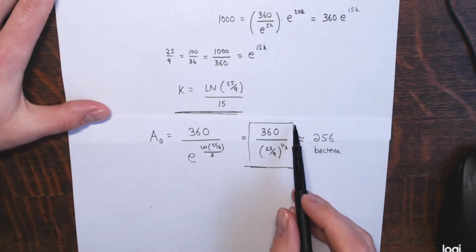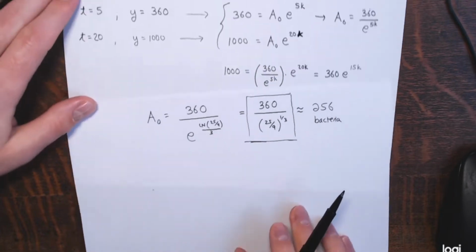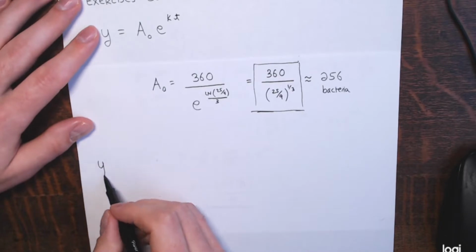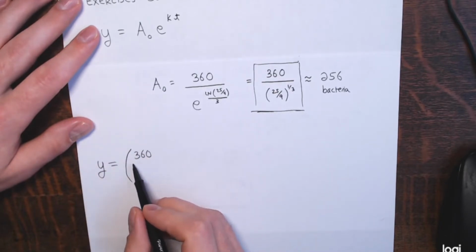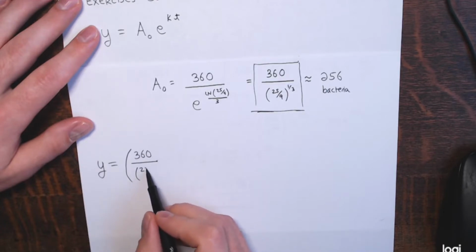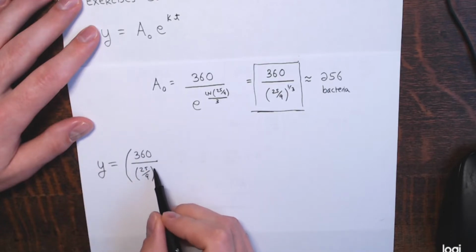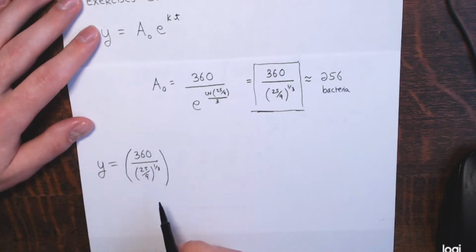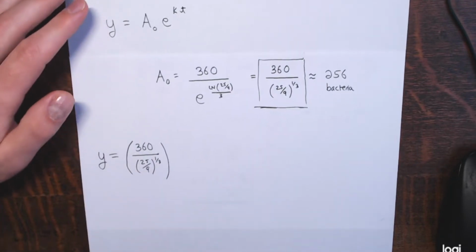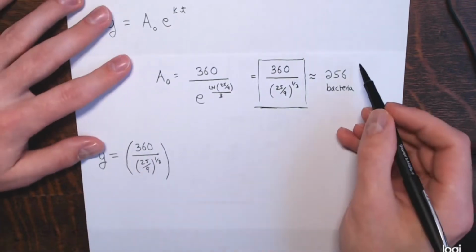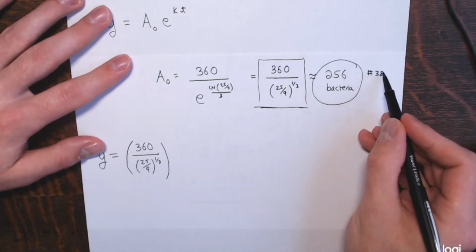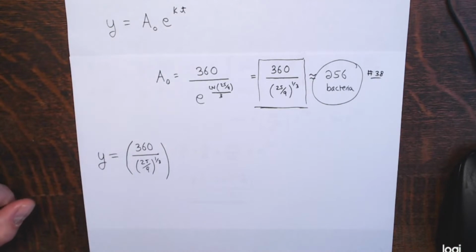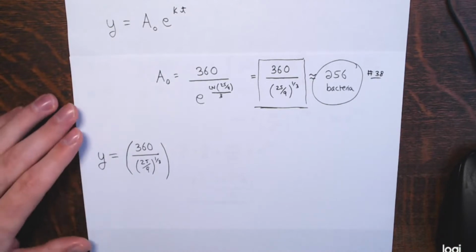You could also use 256 for the approximation, but we have y equals A0, which is 360 divided by 25 ninths to the 1/3 power. If you want to use 256, that's cool, but this is just the answer to exercise 38. They asked for the initial amount of bacteria to the nearest whole number, 256.